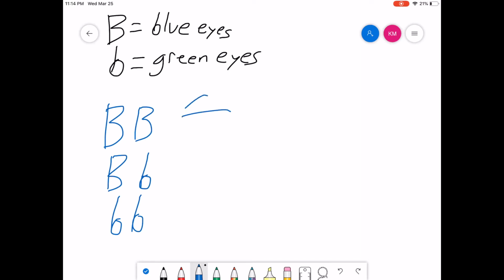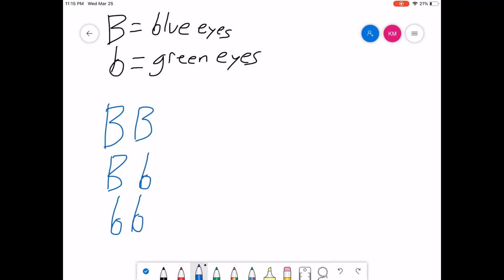So for both homozygous dominant and homozygous recessive, it is important that you clarify not only that it's going to be two of the same letter, but they're either going to be two capital letters indicating a dominant trait or two lowercase letters indicating a recessive trait. So these are the three possible genotypes.